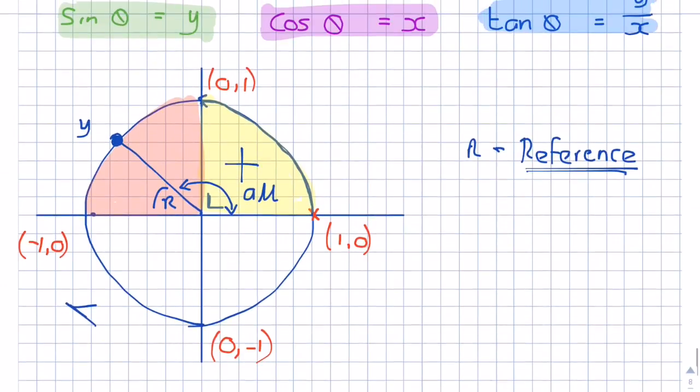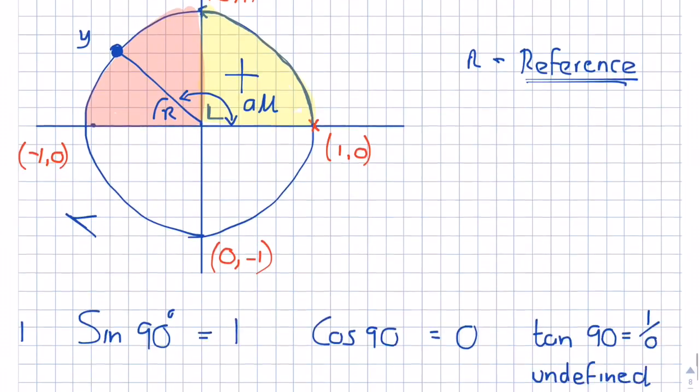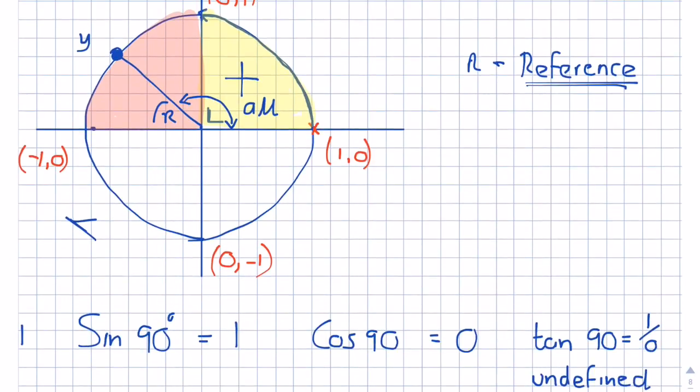You can see that the cos is the x coordinate. Now no matter what angle we have in quadrant 2, the x coordinate is going to be negative because we have a negative x value. So the cosine is going to be negative in this quadrant.